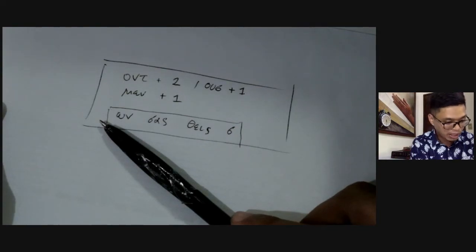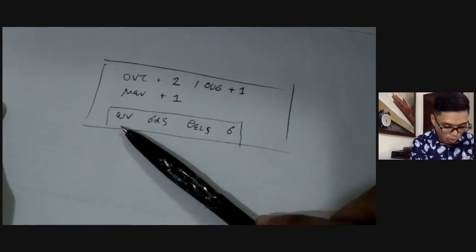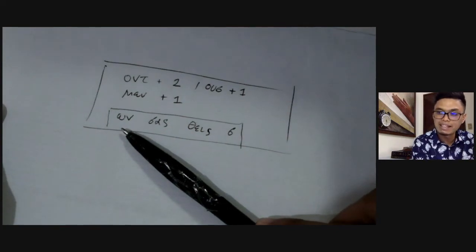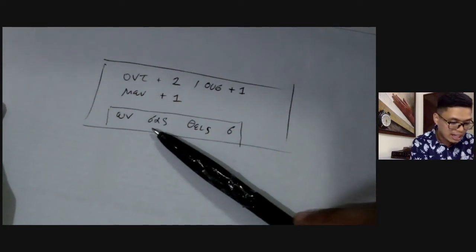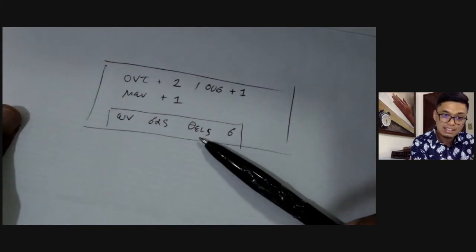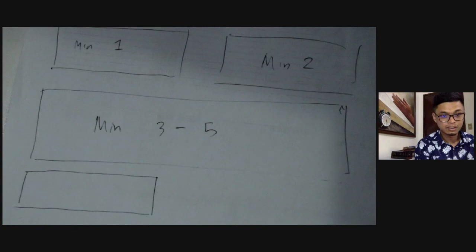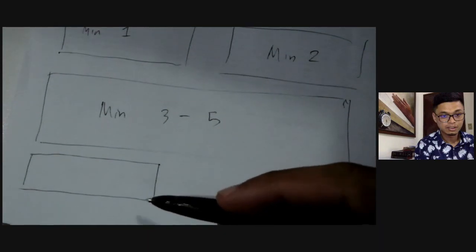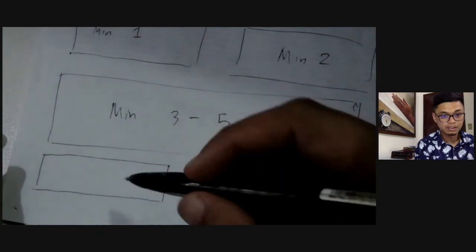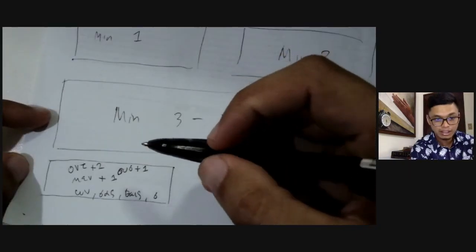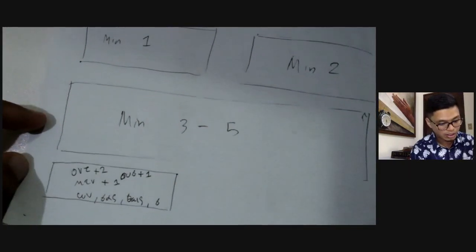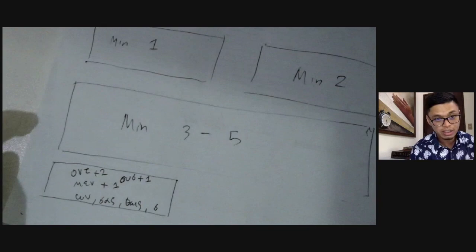So, reduplication for the perfect, un for the present active, sas for the aorist active, face for the aorist passive, and sigma for the future. So, here at the bottom, you write that, okay? And you're done. That is your minimum 6A and B.